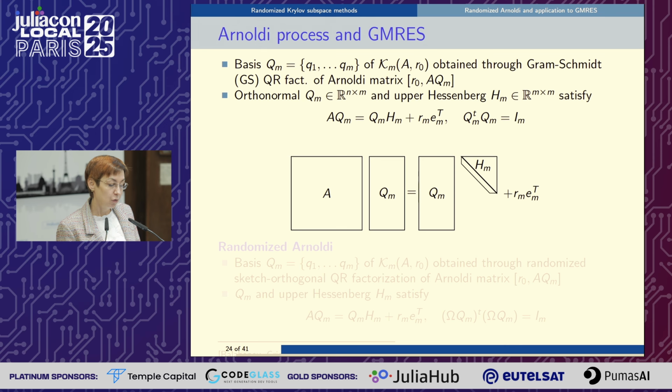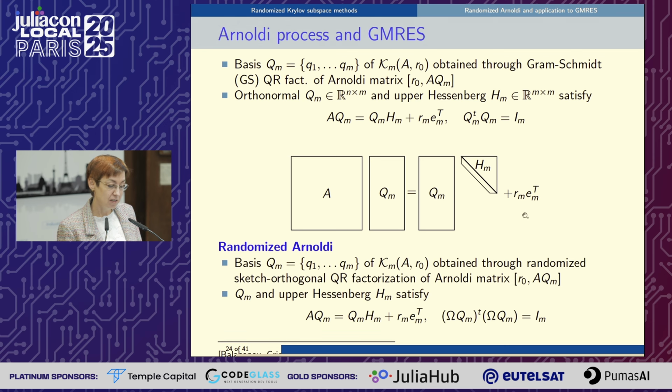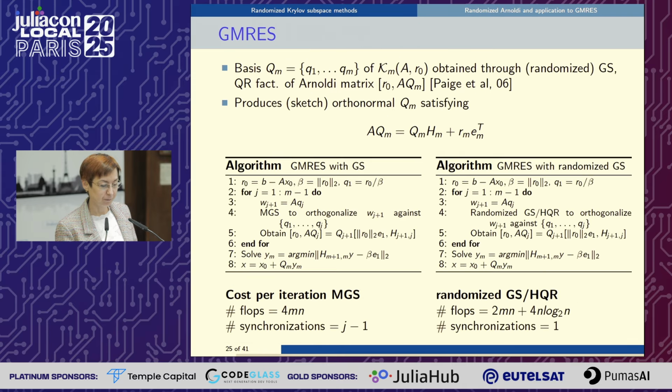Now when we randomize this process, so we use randomized Gram-Schmidt or randomized Householder QR to build a basis, we obtain the same relation, but Qm is sketch orthogonal. So if I take the sketch of Qm, transpose, multiply with the sketch of Qm, this is equal to identity in infinite precision. That's the only difference between Arnoldi and randomized Arnoldi.